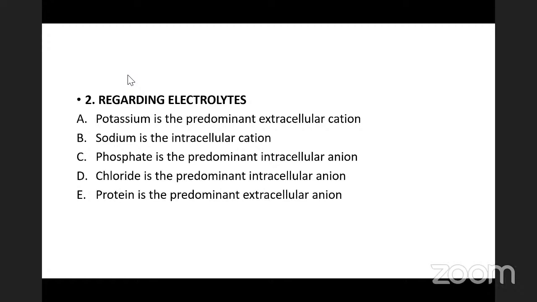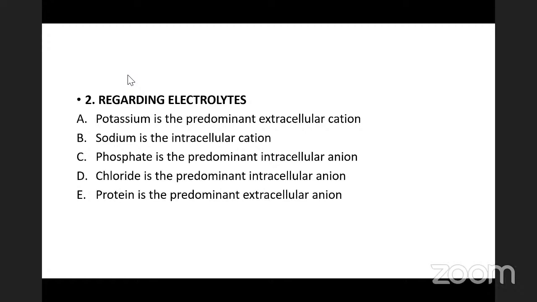Phosphate is the predominant intracellular anion, okay, which is correct. The most important intracellular anion is phosphate, followed by proteins, okay? So C is a correct option. Chloride is the predominant intracellular anion is false.